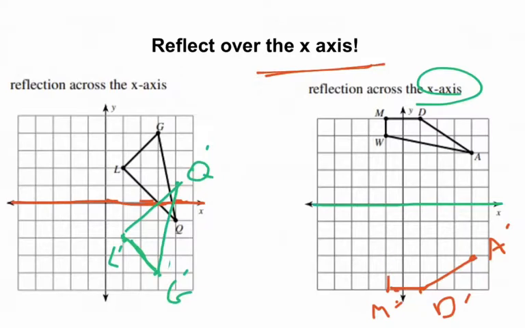Alright, so from the green line it was 1, 2, 3, 4. And the reason I know I miscounted is because my shape on the bottom was not the same as my shape on the top. And then if I connect W to A, see I have a diagonal line. And if I had done it where I originally counted, it would have been straight across. Okay, so to reflect it across the x-axis, you just count how many boxes it's away and just do the same on the other side of the x-axis.